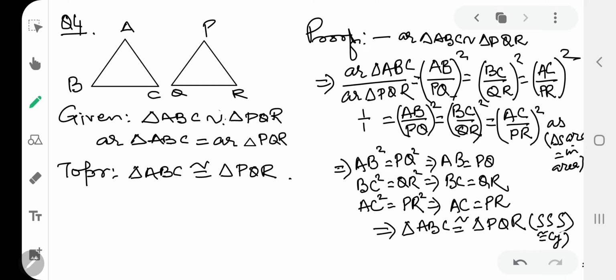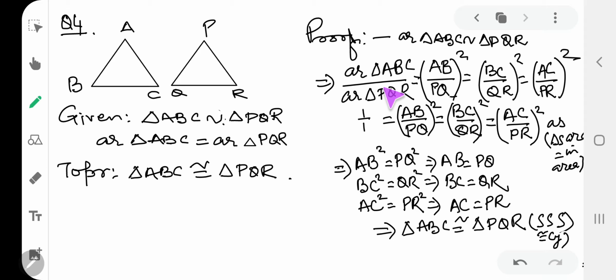Now, children, let's apply the rule for the area of similar triangles. If the triangles are similar, then the ratio of their areas is always equal to the square of the ratio of their corresponding sides. So we can say area of triangle ABC upon area of triangle PQR is equal to (AB upon PQ) whole square.